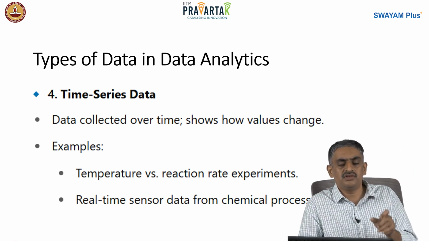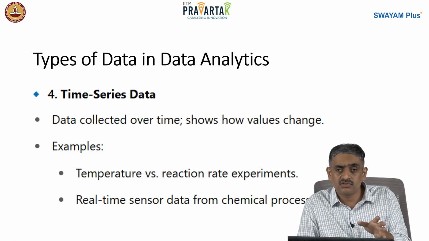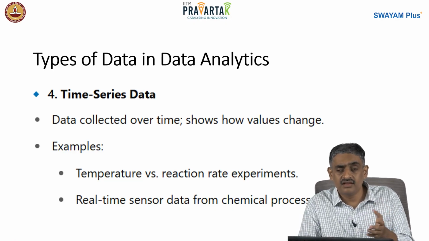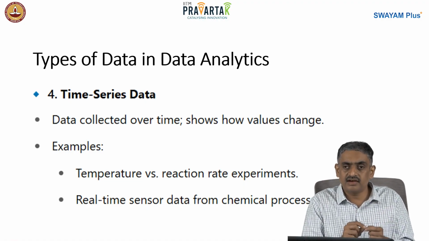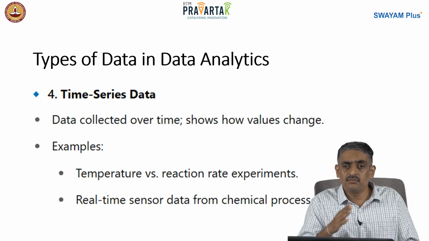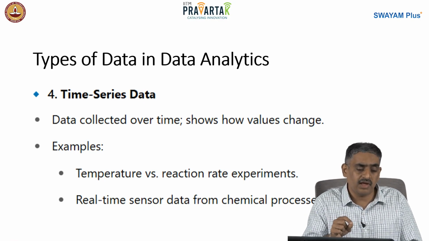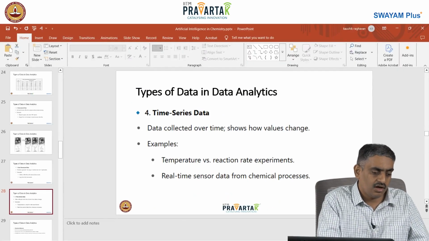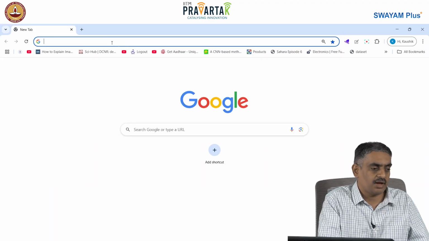Epoch timestamp means when the first Linux was booted, some time in the 1970s, they started a counter which basically is 1, and after that every millisecond that number keeps on increasing. If you just go to Google and type epoch time, it will give you a timestamp.